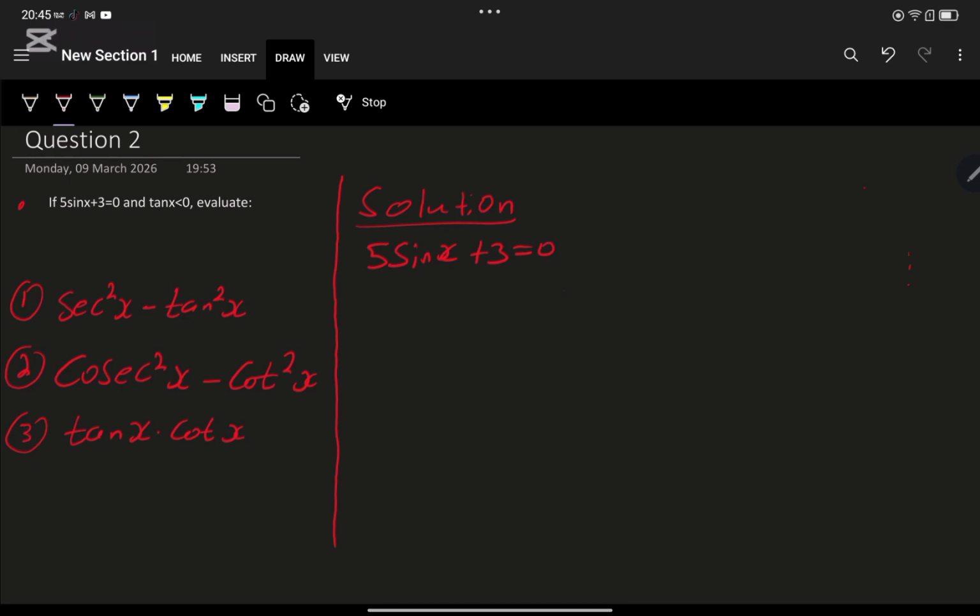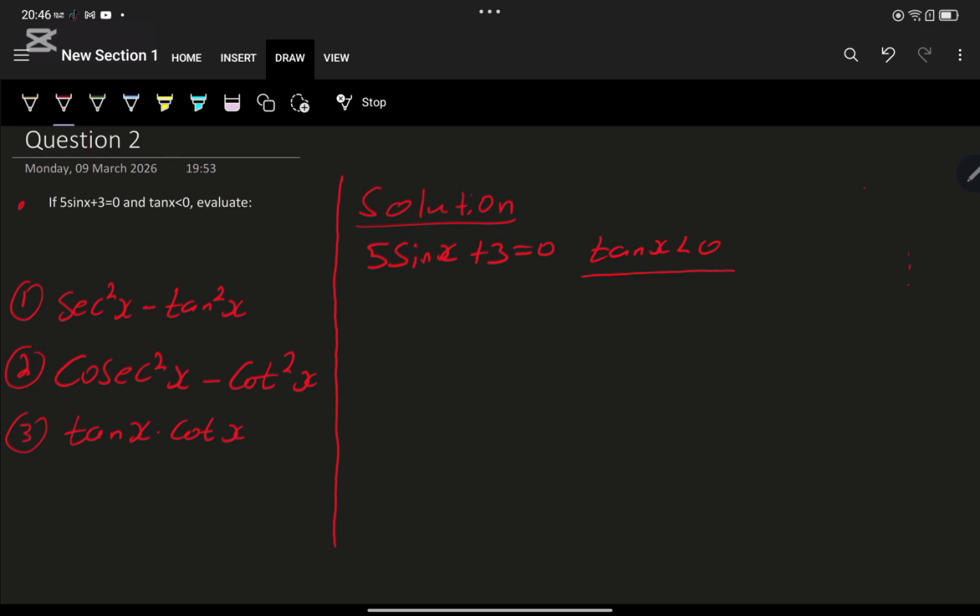And we are also told that tan x is less than 0. What we can start by doing is identifying the quadrant in which the terminal arm of angle x lies. I'm going to start with the information which says tan x is less than 0.